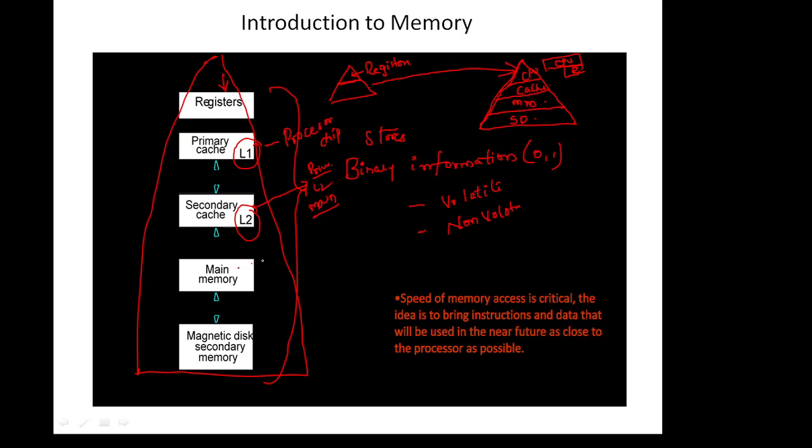Everything should be there in the main memory only. Then only the CPU is going to take the information from the main memory and process the data. And the secondary memory, in the sense, we can store a huge amount of data in the secondary storage memory.